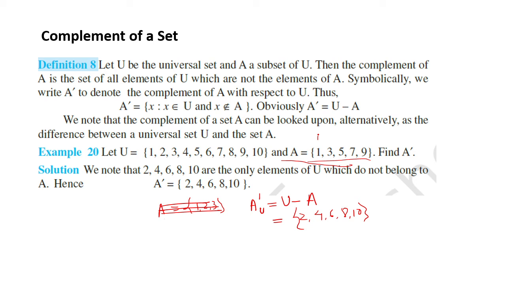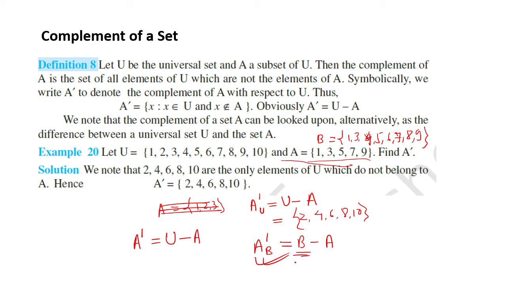But if it is not given in the question, then by default you have to take U minus A. But if it is given that you have to find the complement with respect to another set, then you have to take that set.